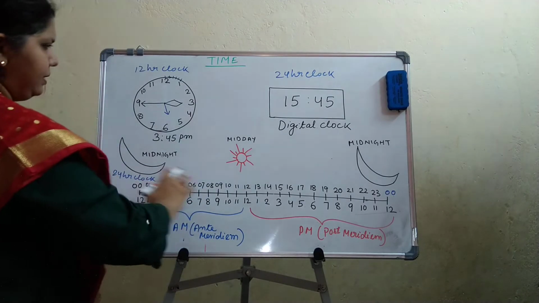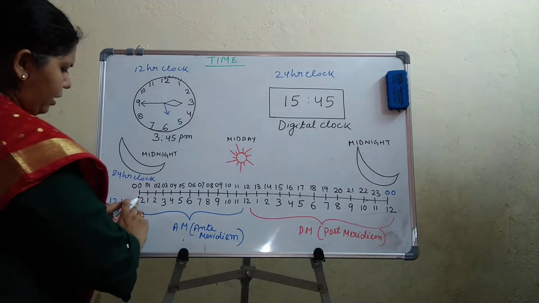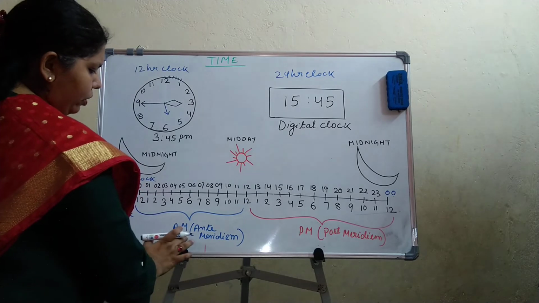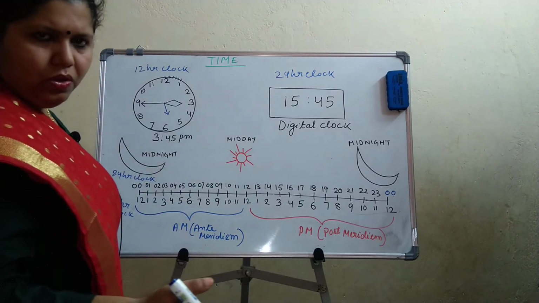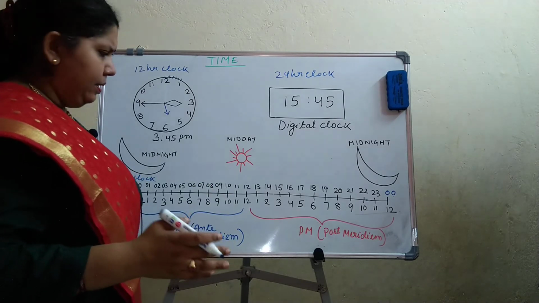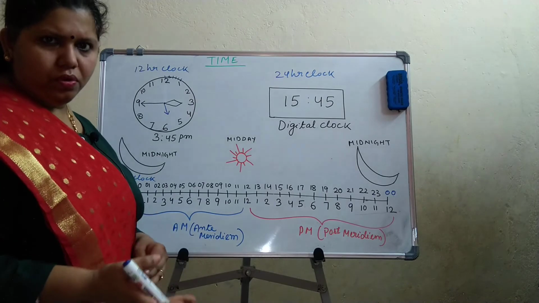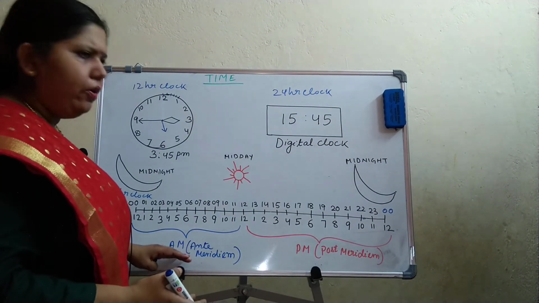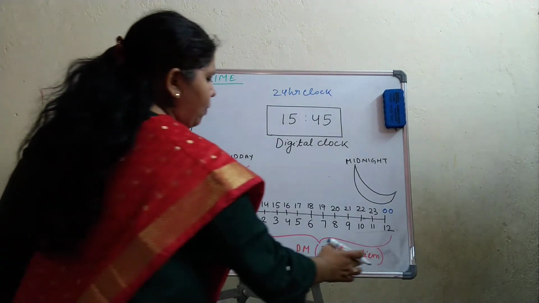So this is the complete diagram, which represents the first 12 hours, from 12 to 12, that you consider as AM. AM means ante-meridiem. Ante means before. So before noon is called ante-meridiem. And PM is called post-meridiem.